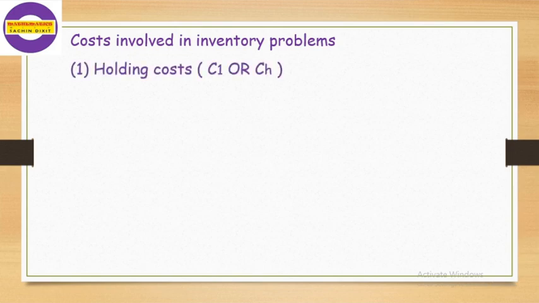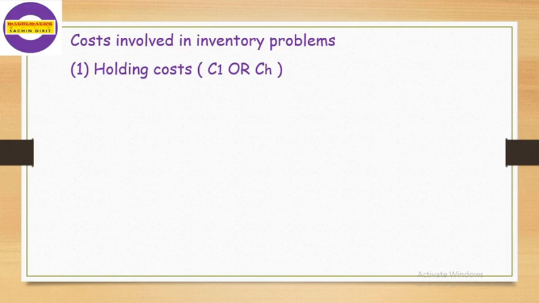First, holding cost, C1 or CH. The cost associated with holding or carrying the goods in the stock is known as holding costs. It is denoted by C1 or CH per unit of goods for a unit time.